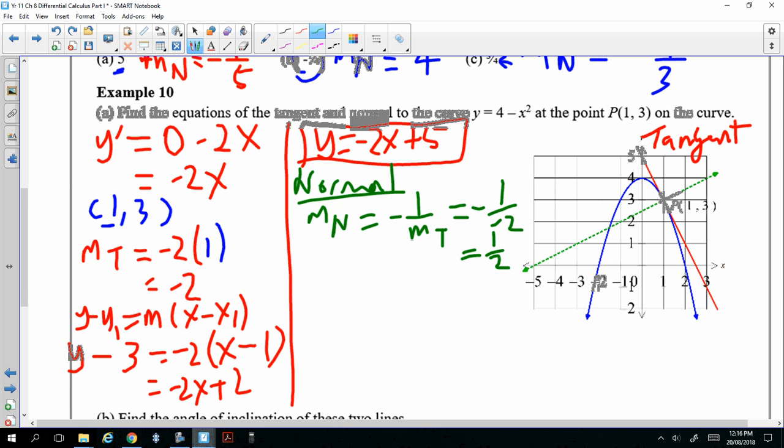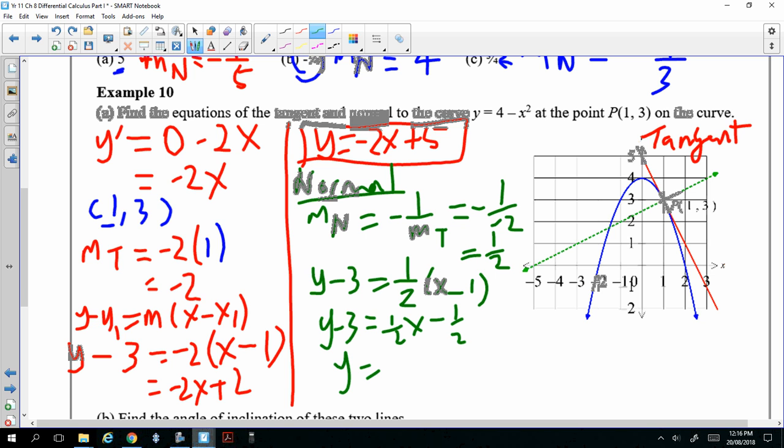To get the equation, you do y minus y1 again, but this time the gradient is half. Then you expand, so you get y minus 3 equals half x minus half, so y equals half x plus 5/2. Alright, that's the equation of the normal.